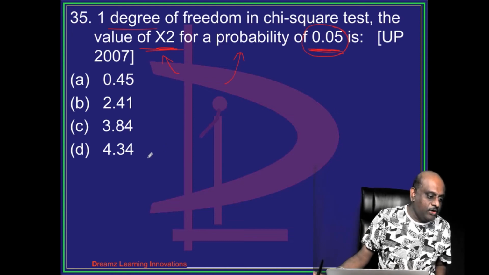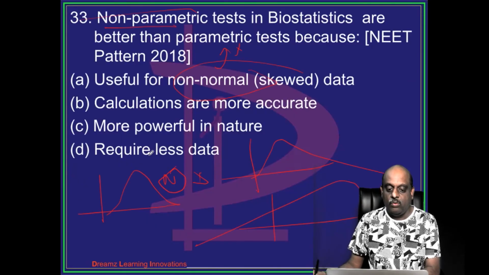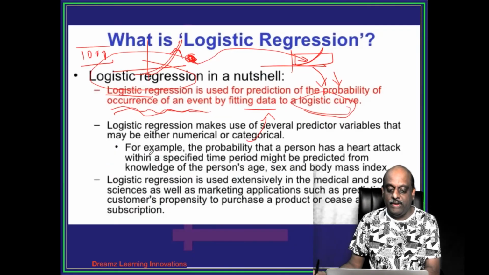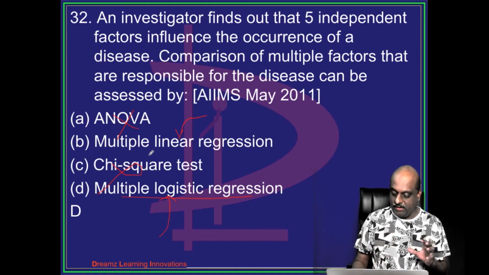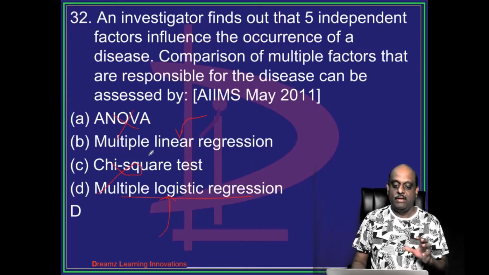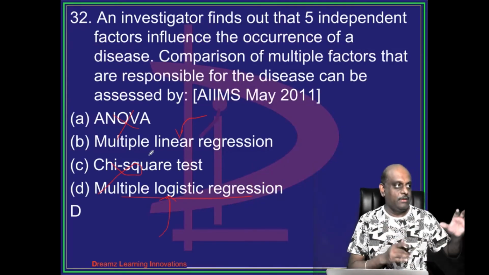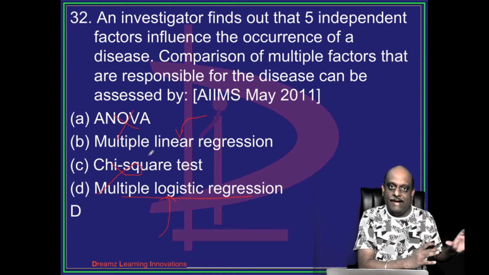Satya is asking, why logistic regression in the previous question? What is logistic regression fundamentally doing? Logistic regression is discovering the probability based upon some standard data.